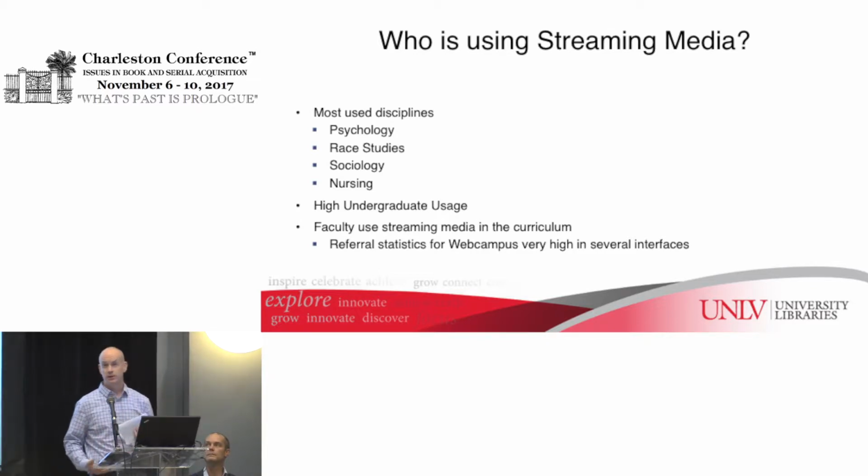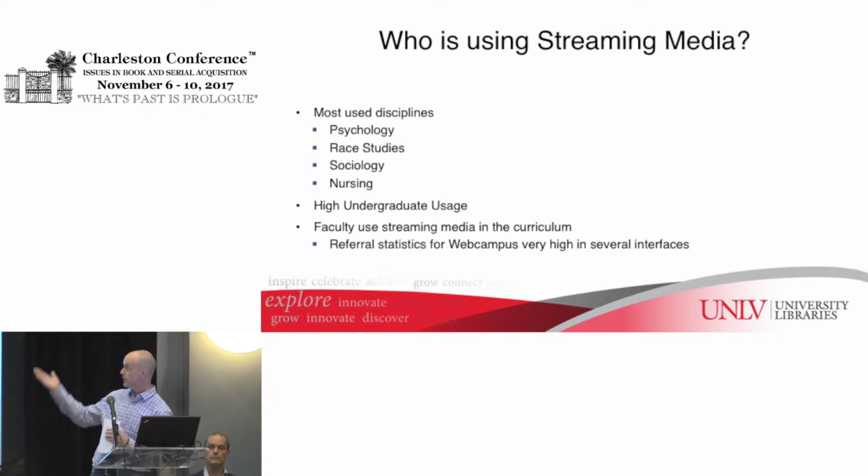We've talked about CPU, the cost per use, and the value of that. I also think it's valuable to incorporate some other types of analytics, and Tom hit on a couple of those as far as cost per student and the number of times a film was viewed. We also want to know more about who is using the streaming media. Many of the vendors are really good about providing reports where you can run them by a subject area or subject collections.